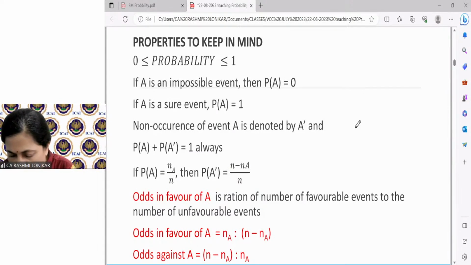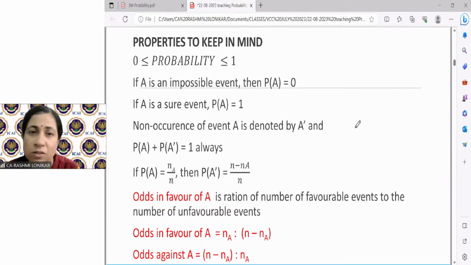Arshita, okay. Mutually exclusive means what? When one event occurs, the other will not occur. When I am flipping a coin, I will get either head or tail. Can I get both when I flip a coin? Try doing that. No? You can get either the head or the tail. That is called a mutually exclusive event.